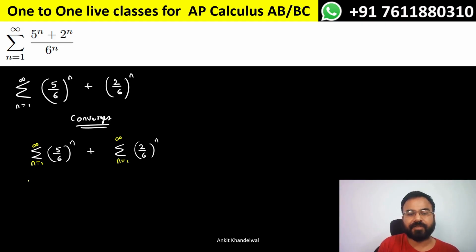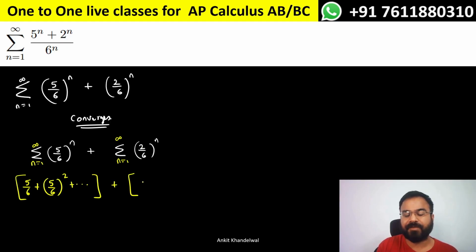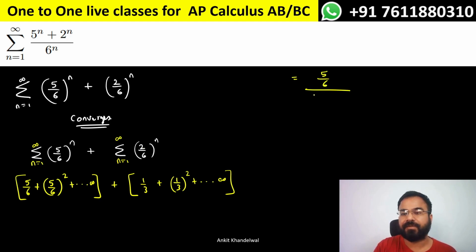If you write the terms for this, it is 5 by 6 plus 5 by 6 power 2 and so on. The second one, if you put n as 1, 2 upon 6 I am writing as 1 by 3, plus 1 by 3 whole square, and so on till infinity. So we can find the individual sums. For the first one it is a divided by 1 minus 5 by 6, where 5 by 6 is the common ratio, plus a divided by 1 minus r with common ratio 1 by 3.